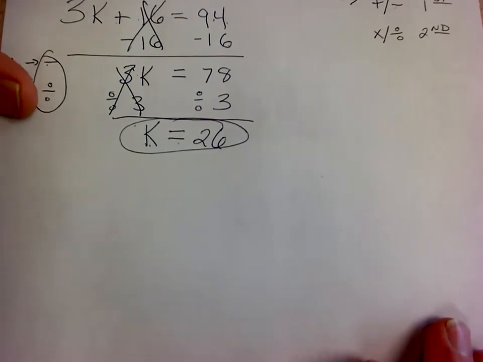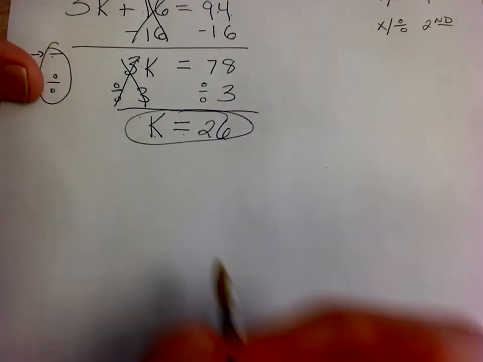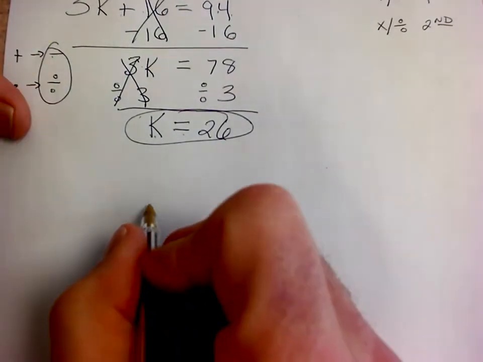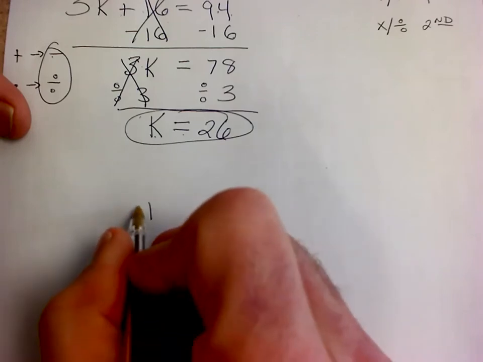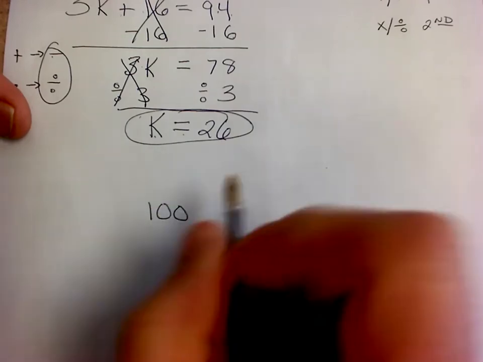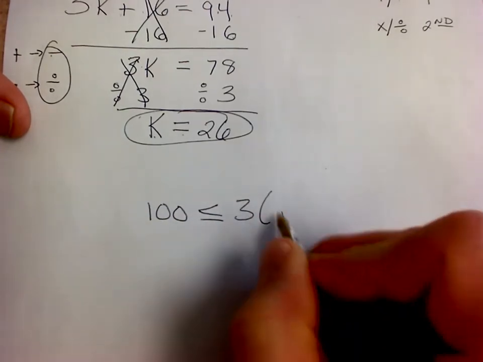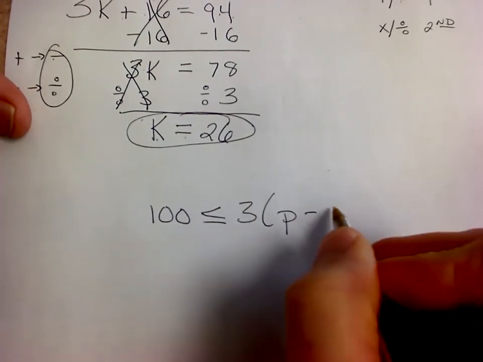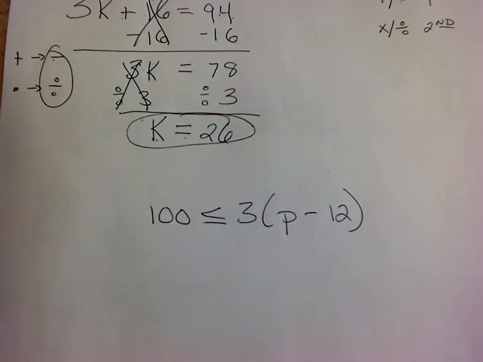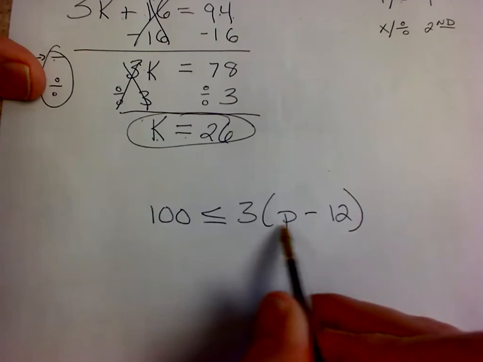Now, in class today, we also looked at inequalities. So we could have, well, we'll just keep it simple here, 100 is less than or equal to 3 times (p minus 12). So right off the bat, we should see here, hey, we got some simplifying to do.